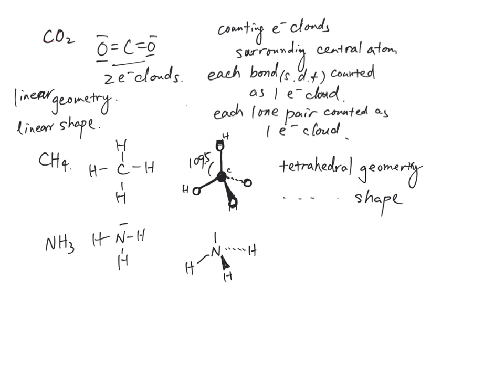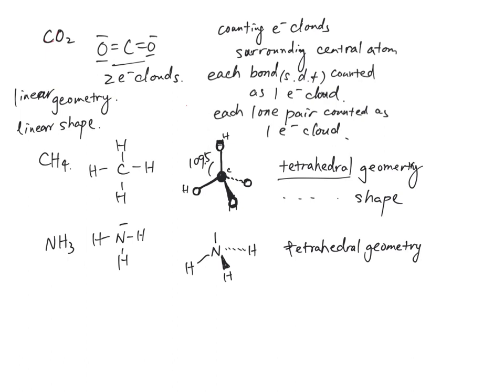So no question about it, with 4 electron clouds surrounding the nitrogen atom, this is definitely tetrahedral geometry. But this is not a tetrahedral shape. Why? Because what does tetrahedral mean?